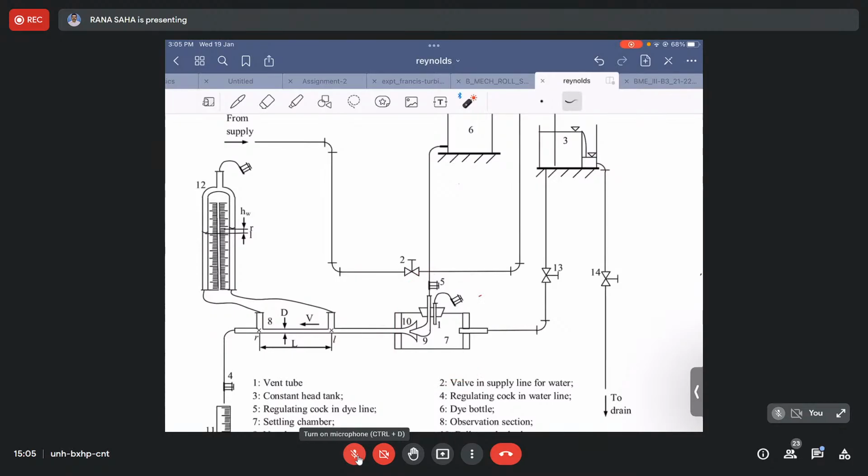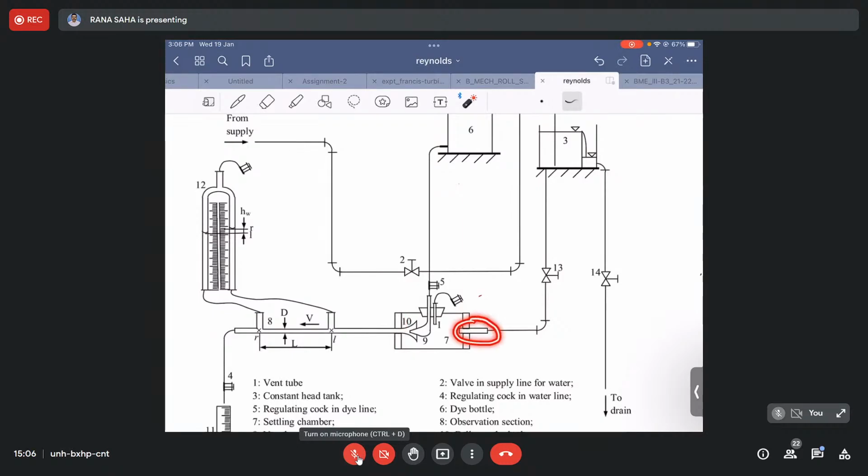This is an important chamber actually, which is basically cylindrical in shape, like a pipe, but it is having a larger diameter than the pipe through which we are directing the flow. It means this pipe I'm talking about is the glass tube. So this part is also another cylindrical part, but having a larger diameter, and both ends of this cylindrical part are closed by corks. Okay, so these are the corks having holes through which the glass tubes are being inserted.